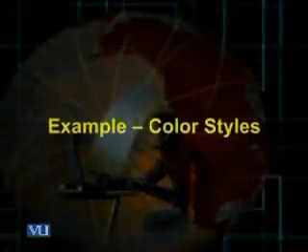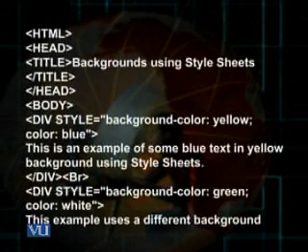The slide shows after the body tag, there is a div tag, and then the inline style, I have used the property background color. I have kept its value yellow. Then I have a semicolon because I want to use another property which is color, and I have given it the value blue.